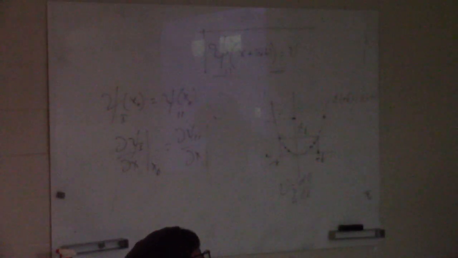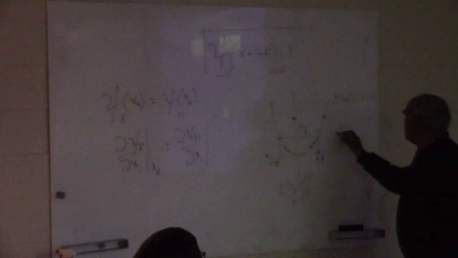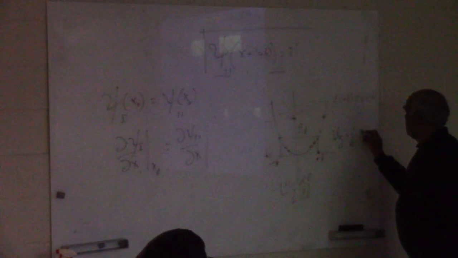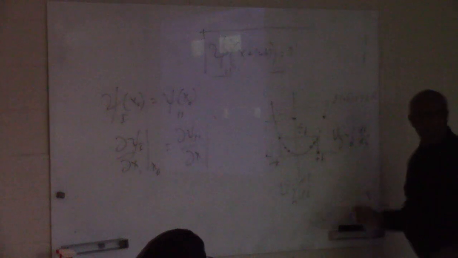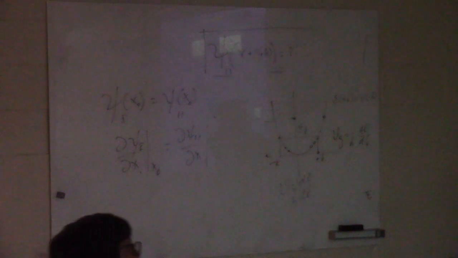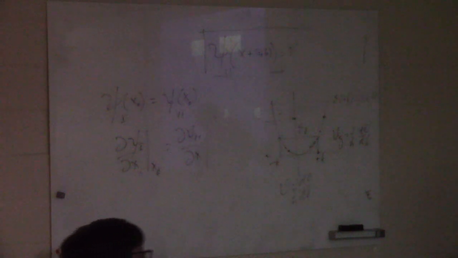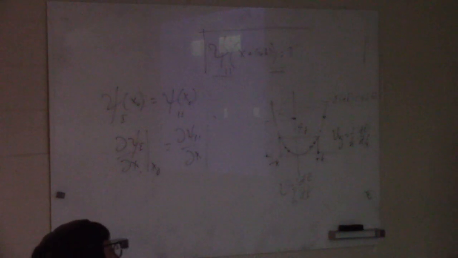These electrons have velocity given by dE by dk. Here dE by dk is positive, here dE by dk is negative. So these electrons have positive velocity, going here, and they reappear here with negative velocity. That means your current is oscillating. People have observed your current oscillating because of this Bloch oscillation.